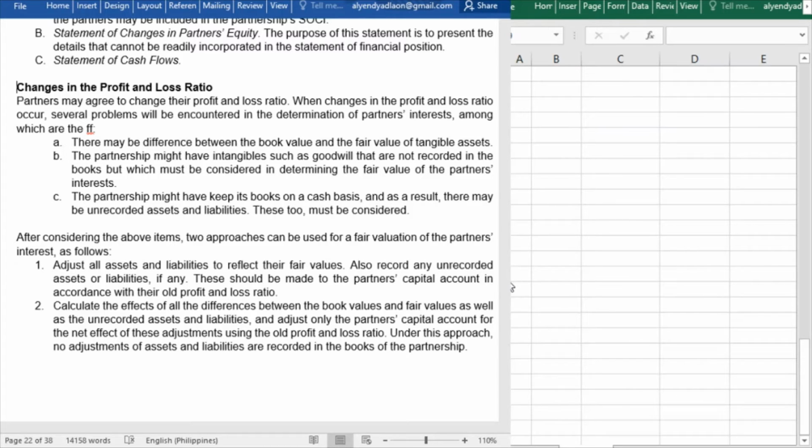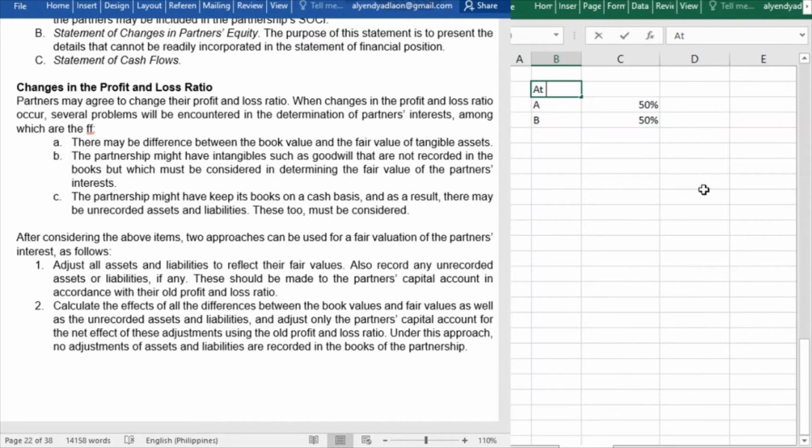So let's say for example, class, the business has been operating for years, and for those years, the profit and loss ratio of partner A and partner B is 50% and 50%.